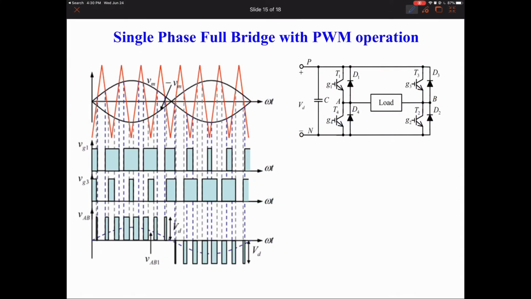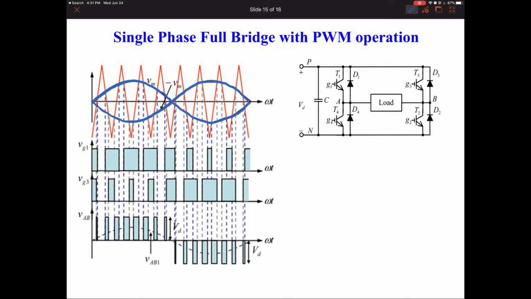Now let us discuss single phase full bridge inverter with PWM operation but the unipolar switching. So how to generate the gate pulses for unipolar switching? We use two reference voltage waveforms. One reference is this one, and the second reference is 180 degree out of phase with respect to the first reference waveform.